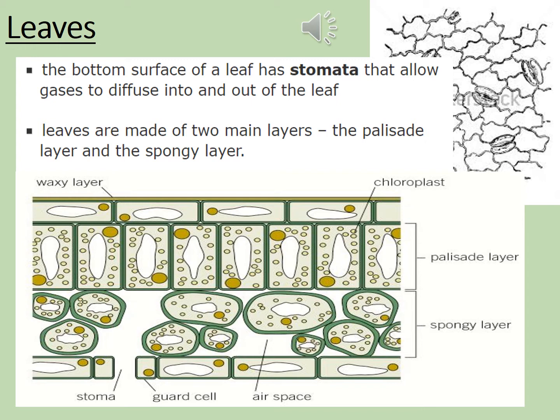This has the chloroplasts that bring in the sun energy and allow photosynthesis to take place. We then have a spongy layer which has got air space in, and that allows the gas to go in and out through the stomata. And if you notice, they have guard cells by the stomata. These cells are in charge of opening and shutting that space to allow for that movement of gases.